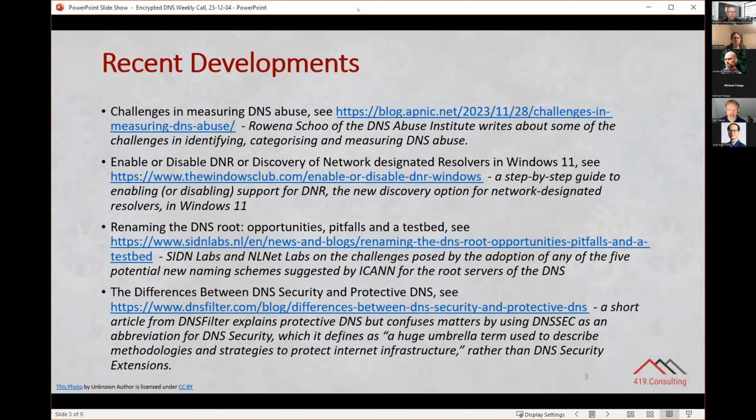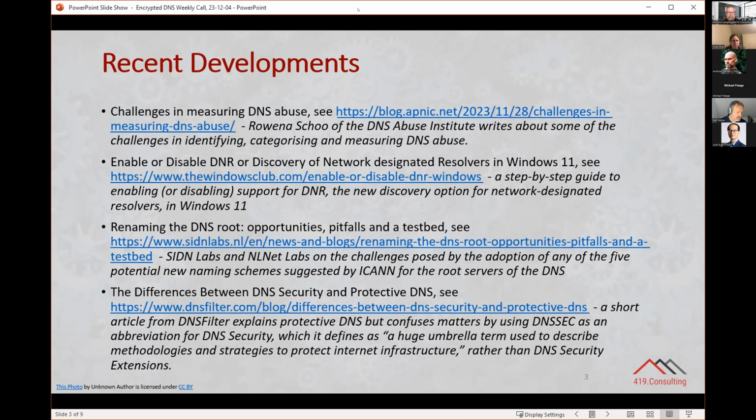So just a few things I've picked up from the last week or so. Interesting article on the APNIC blog from Rowena Schoo, who's part of the DNS Abuse Institute, who writes about, unsurprisingly, some of the challenges in identifying, categorizing, and then ultimately measuring DNS abuse.